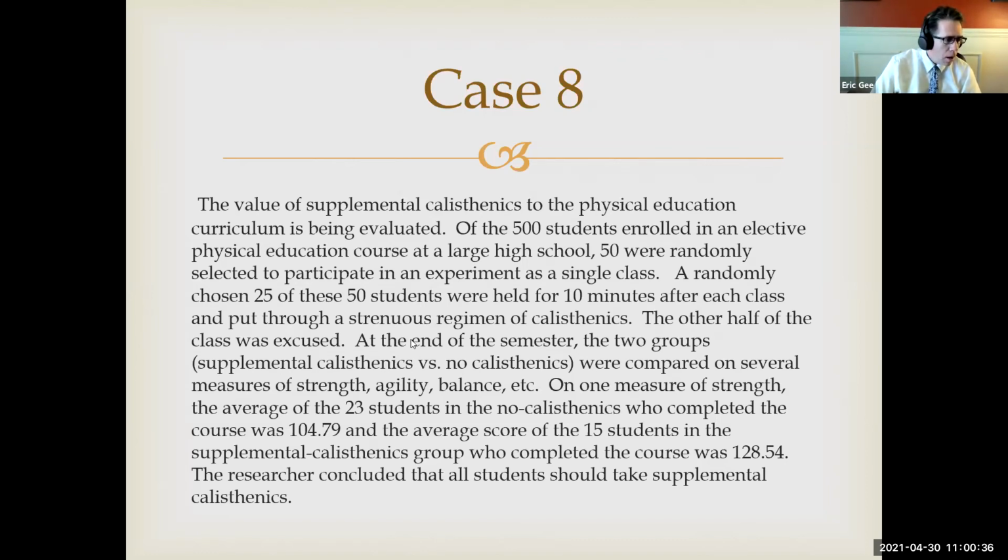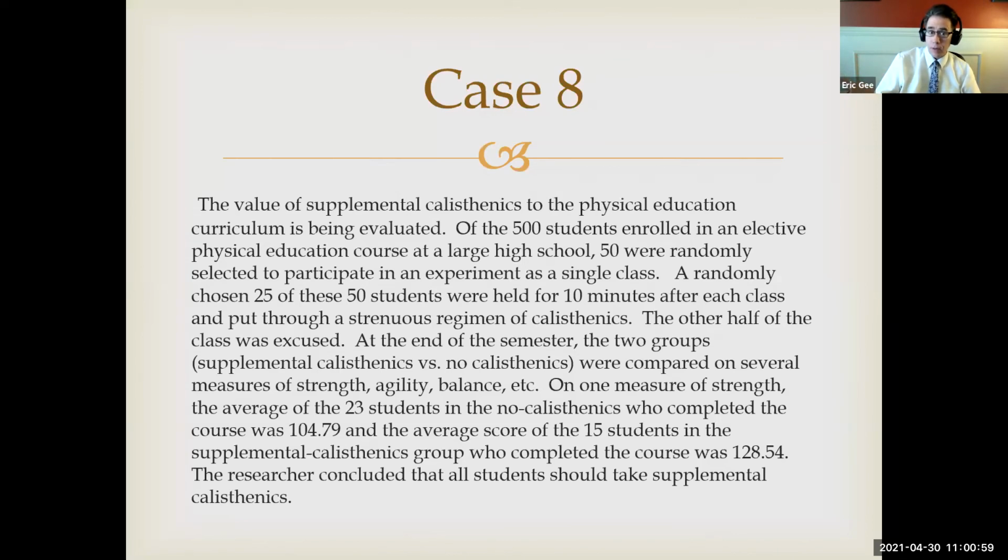Notice right here, we started off with 25 in each group, okay? And then at the end, we had 23 in the no calisthenics group, and we had 15 in the supplemental calisthenics group. So 10 students have dropped out by the time the study is done. Now, the researchers are concluding that all students should take supplemental calisthenics.